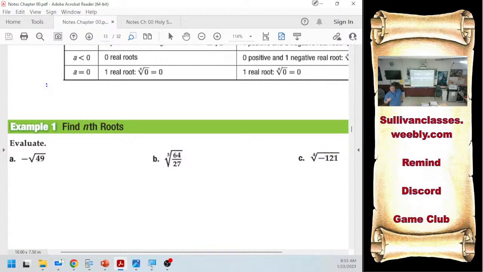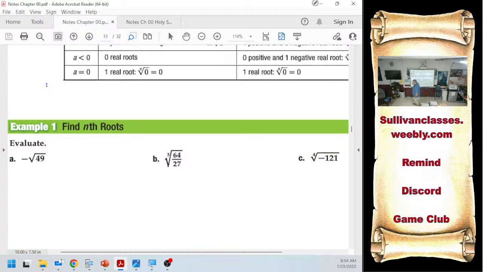Okay. Those of you coming out of my Algebra 2, you have heard this all year long, and I'm going to keep going in PreCalc. You should know your perfect squares through 20, cubes through 10, fourths through 5, as many powers of 2 and 3 as you can possibly memorize.